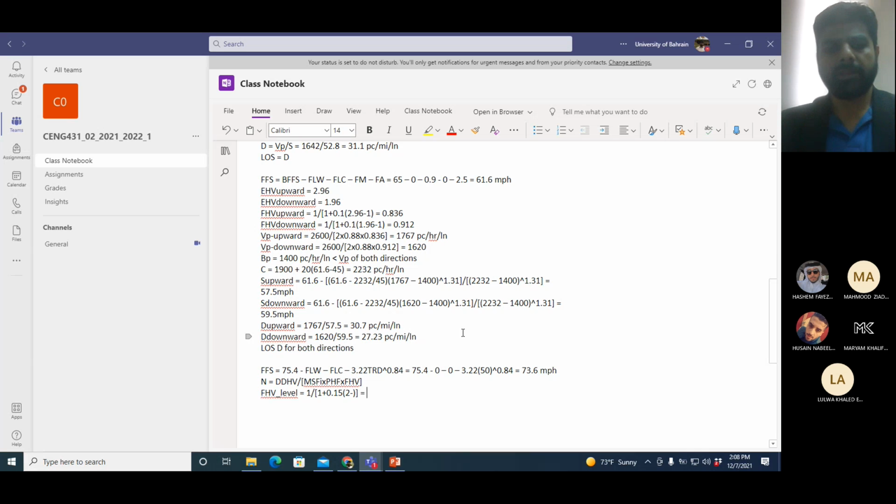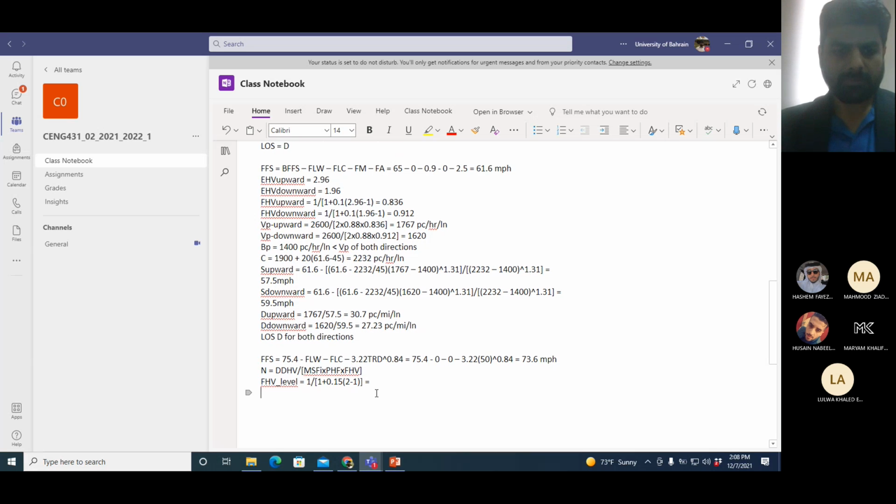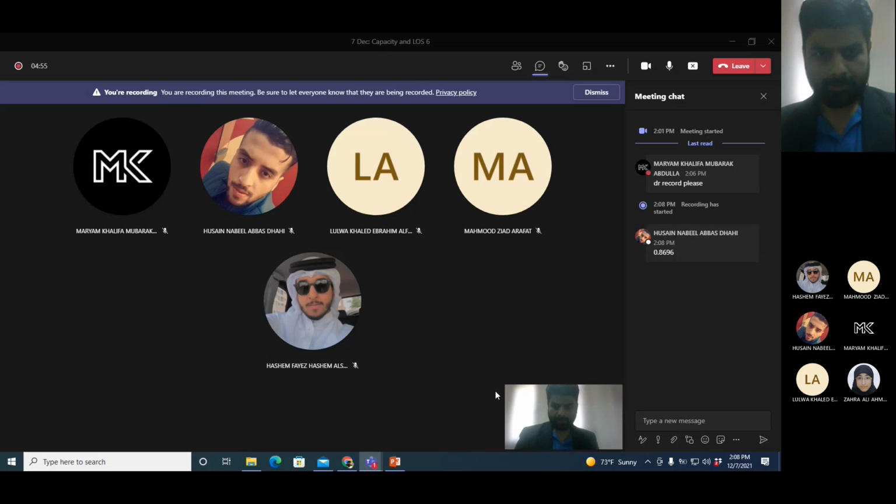So give me the FHV for level. Then we'll do the same thing for upward and downward as well. 0.87. Okay.